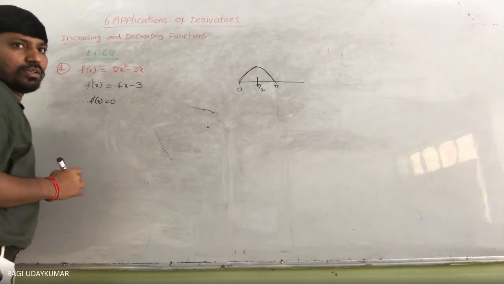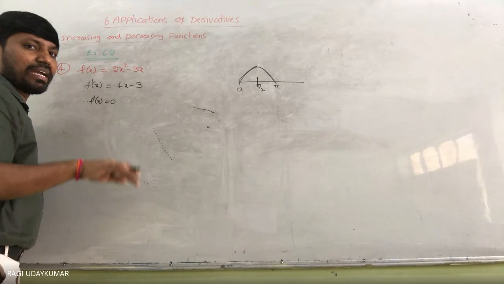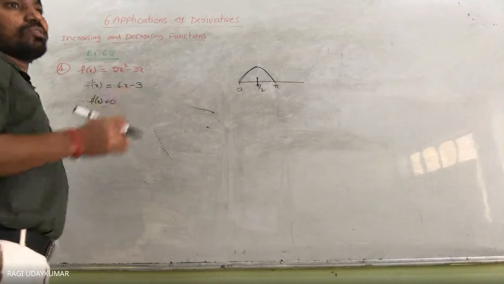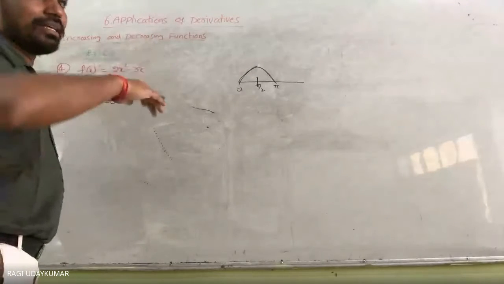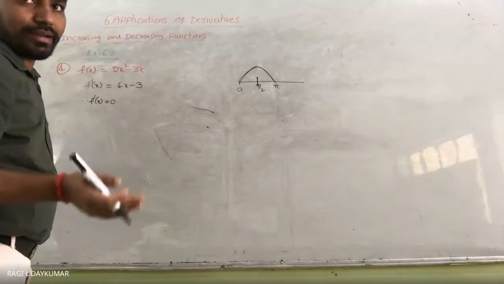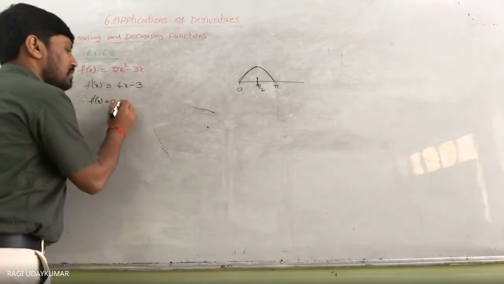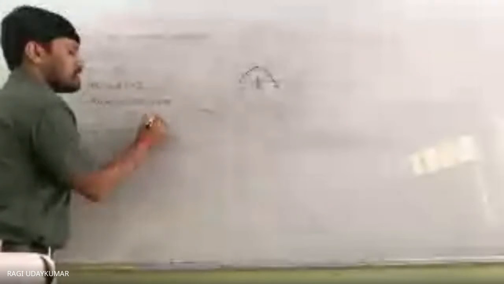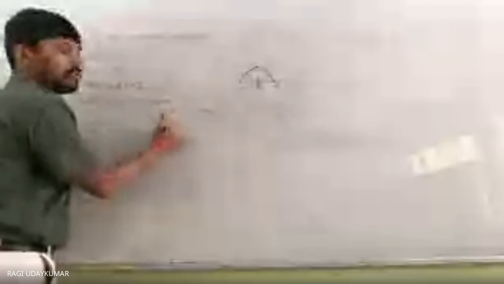At that particular point it becomes 0, the graph touches the x-axis. So f dash of x, 4x minus 3, equals 0. From this you can say that x equals 3 by 4.